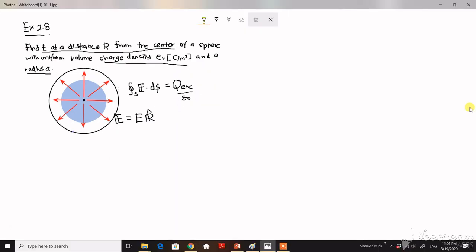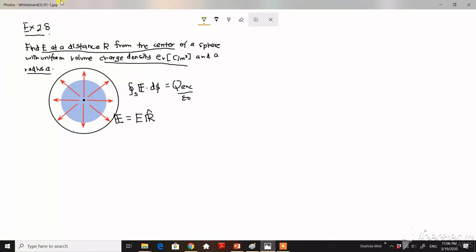The closed surface here is a sphere, chosen as a symmetrical shape that encloses the whole charge distribution.